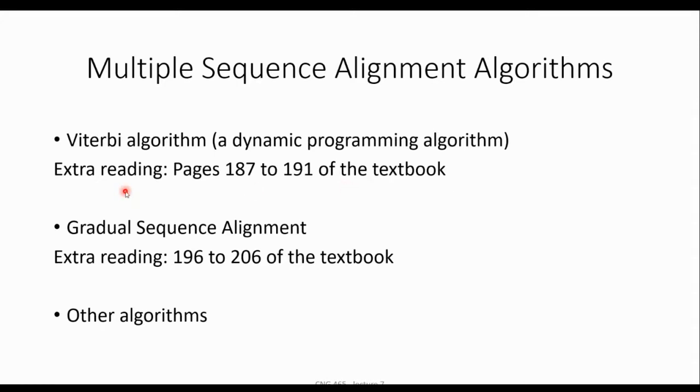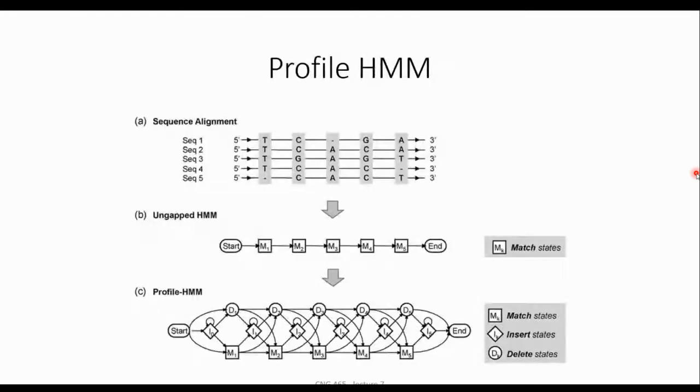You can read about these two frequently used ones in the textbook, but as I mentioned, there are new ones, and I also mentioned one of them, but I'm going to focus on the most frequently used one, which is related to an algorithm about HMM.